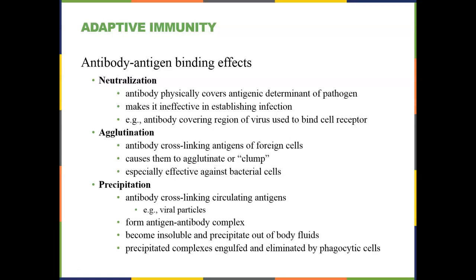And then precipitation occurs when you have molecules that are dissolved in, say, blood plasma or in the lymphatic fluid. When the antibodies bind, they make them become insoluble, so they come out of the solution, and then again, they're able to be eaten by those phagocytic cells.